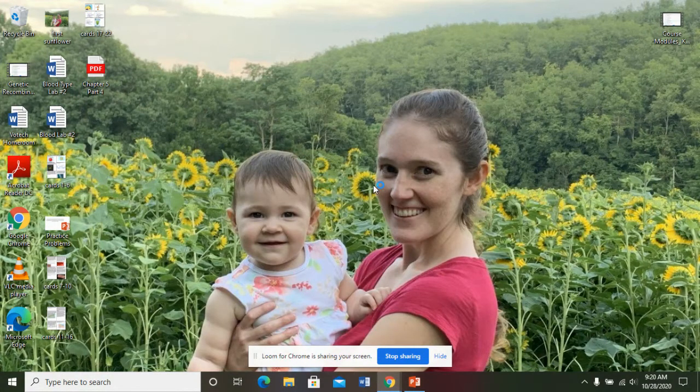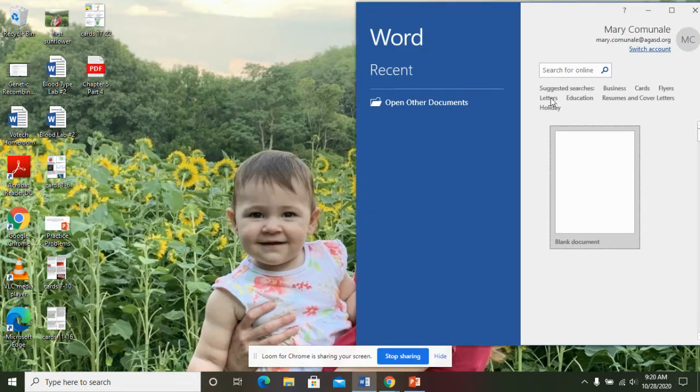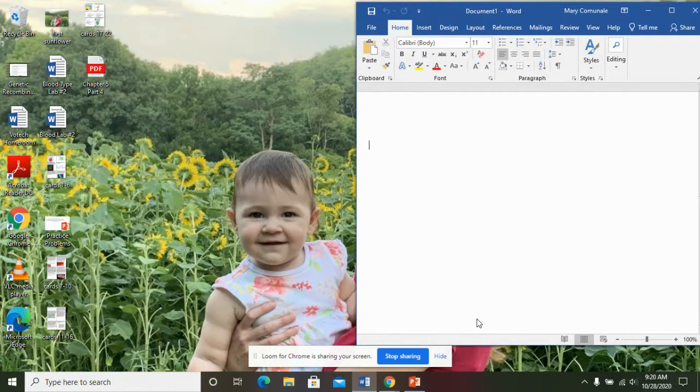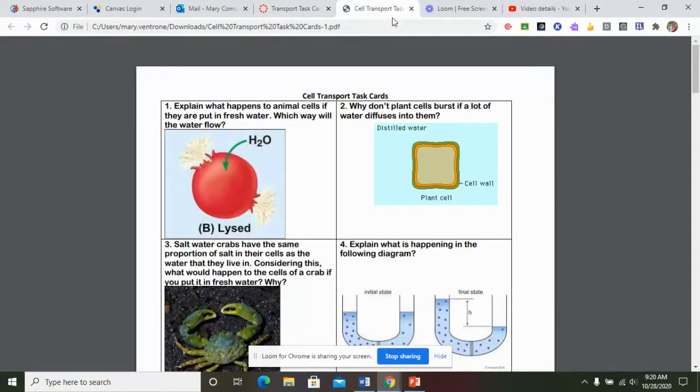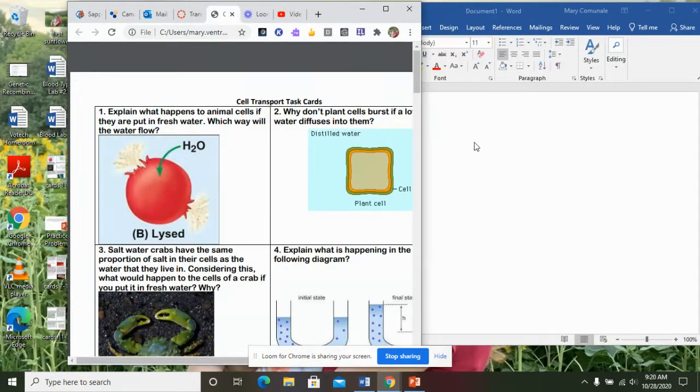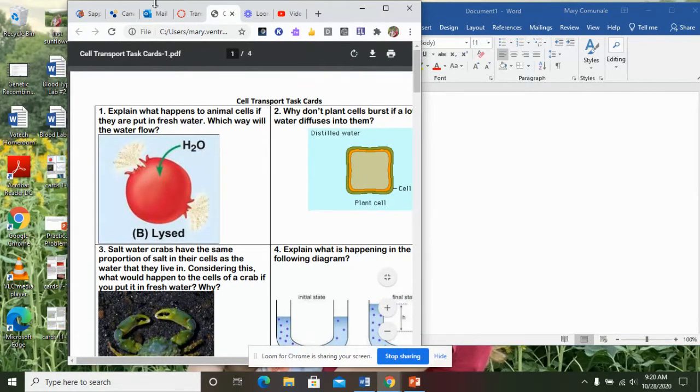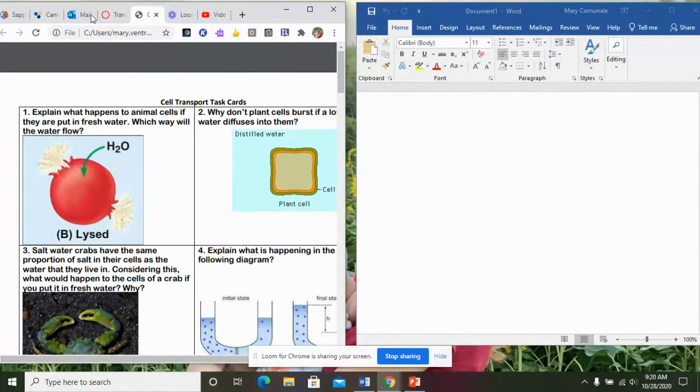So we'll open up Word here, get a nice blank document going, and there's my task cards. Okay, so number 1. I'm going to increase the font size over here too. Let's try 16 instead.